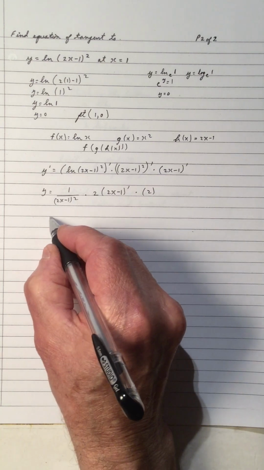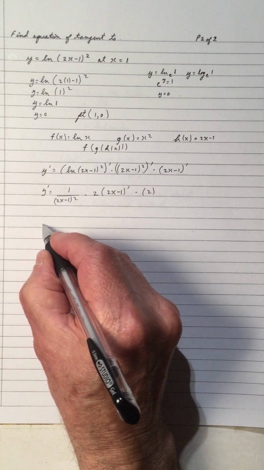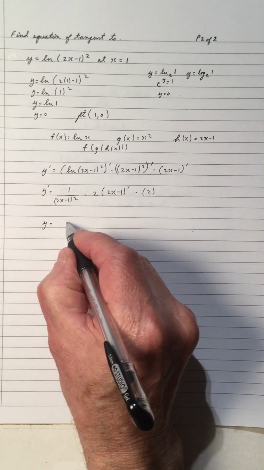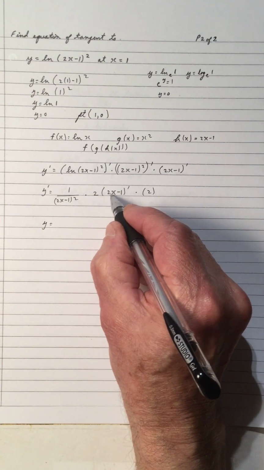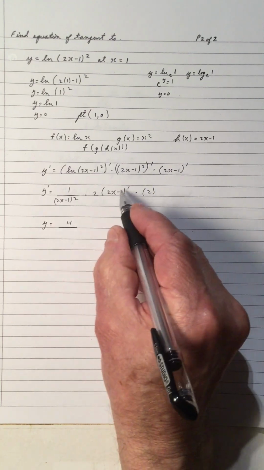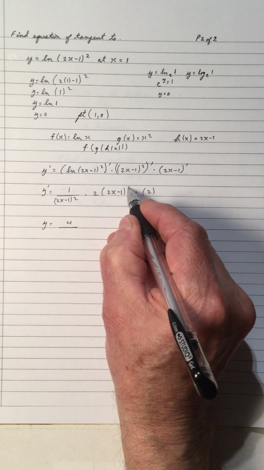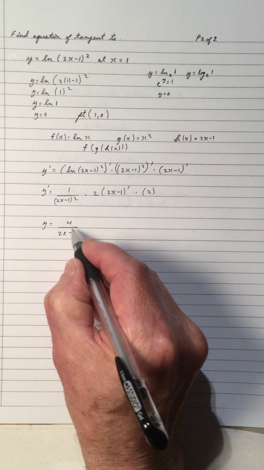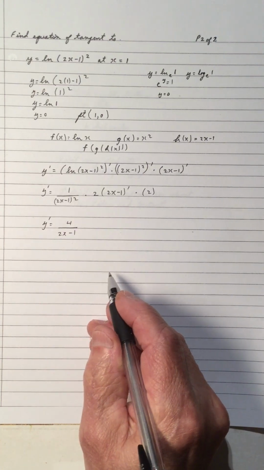When we simplify, 2 times 2 is 4, and since this is a square and this is the power of 1, they cancel to give me y prime equals 4 over (2x minus 1).